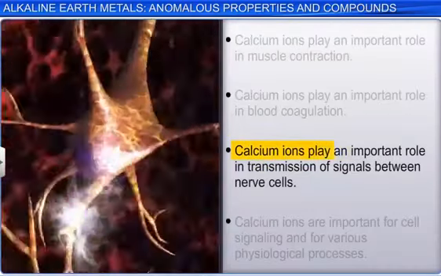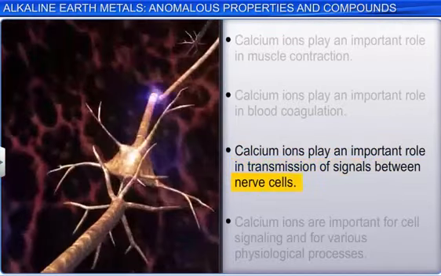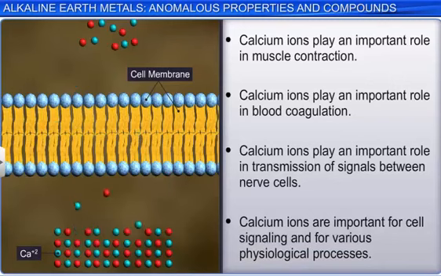Calcium ions are essential for the transmission of signals between nerve cells. Calcium ions are important for cell signaling and for various physiological processes. Calcium channels regulate the transportation of calcium ions across cell membranes.